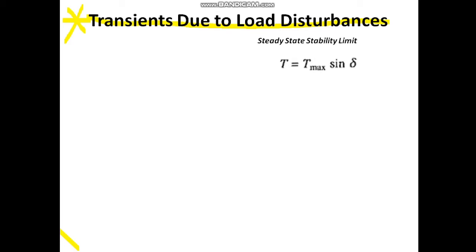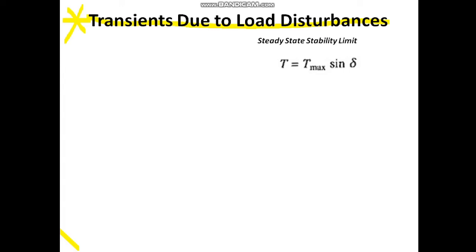Okay, so steady state stability, we know T is equal to T max sine delta. So this we had done when we were doing the analysis of a synchronous motor.